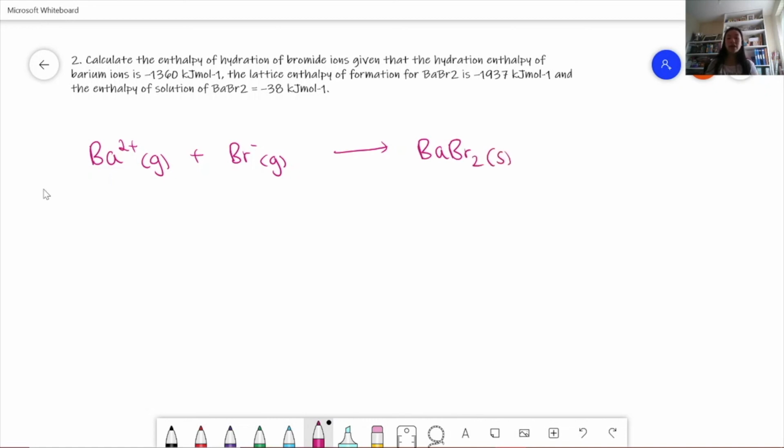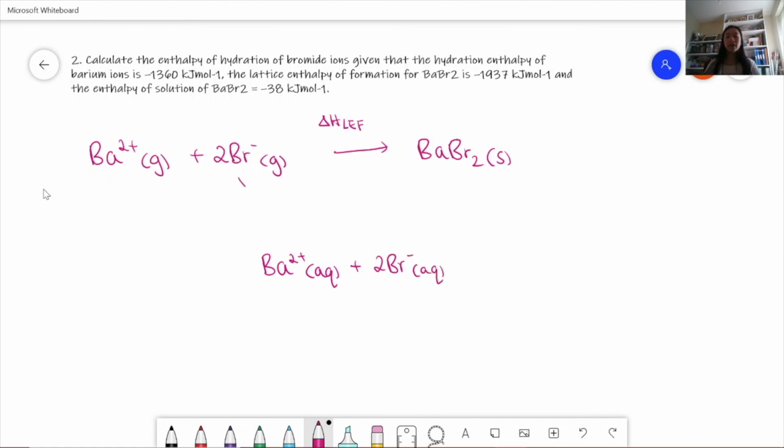This will give us the delta H of lattice enthalpy of formation. And now we need to balance the equation, so we need 2 bromide ions. And then we'll put in the ions in their aqueous states: Ba2+ aqueous plus 2Br- aqueous.